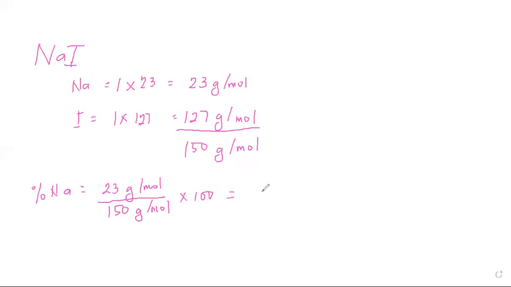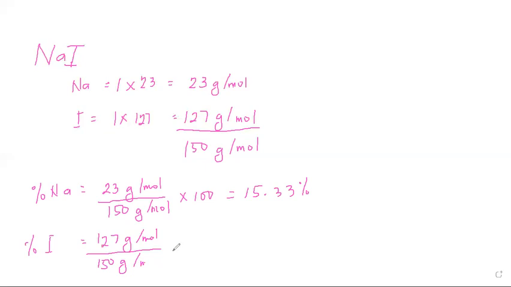You have 23 divided by 150 times 100 would give me 15.33%.